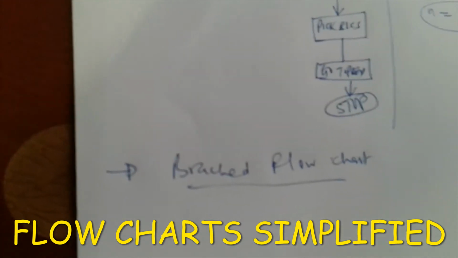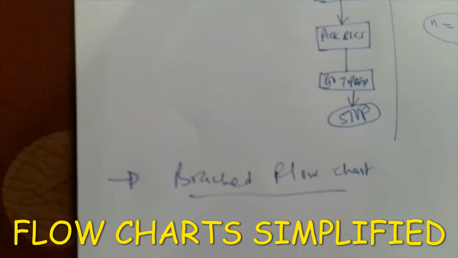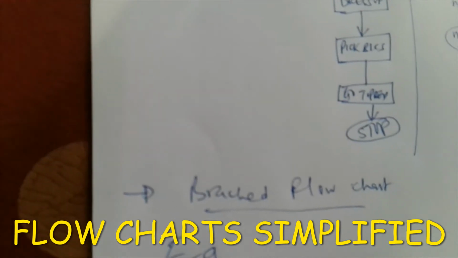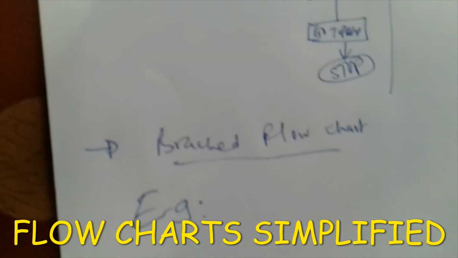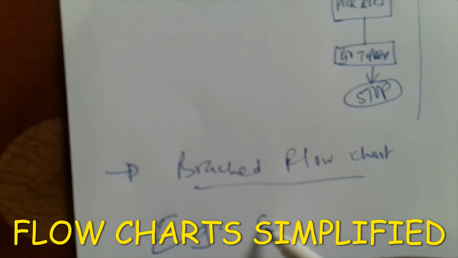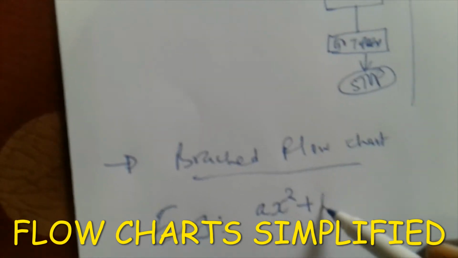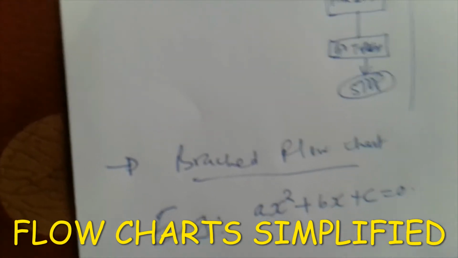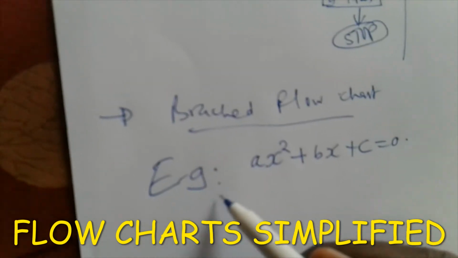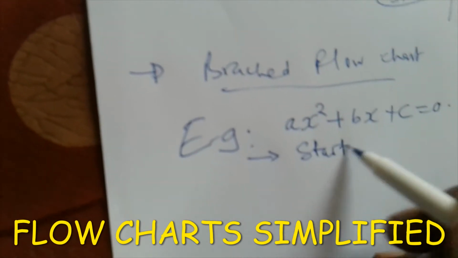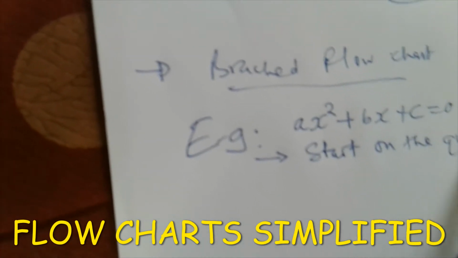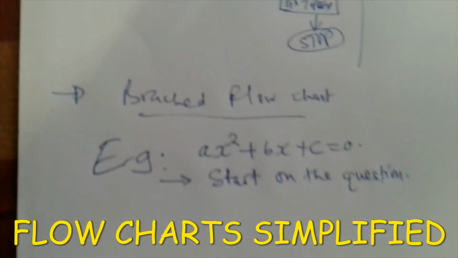Now, when we talk of an algorithm, we said it is a set of procedures or steps to follow. We want to take an example of an algorithm, and in this example we can see the steps one goes through to solve a quadratic equation. You can have an equation of the form ax squared plus bx plus c equal to 0. You start on the question, you read that question.